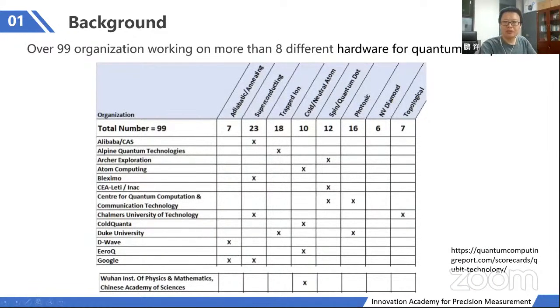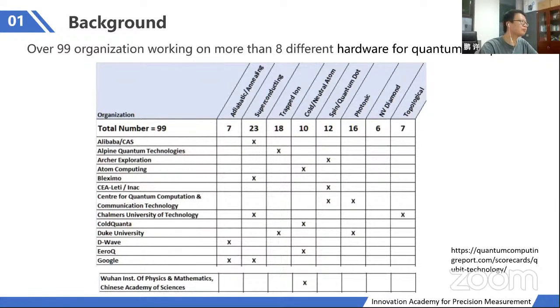There are so many big corporations and so many countries that have devoted so much money to quantum computing, and there are over 99 organizations working on quantum computation, running on 8 different hardwares.